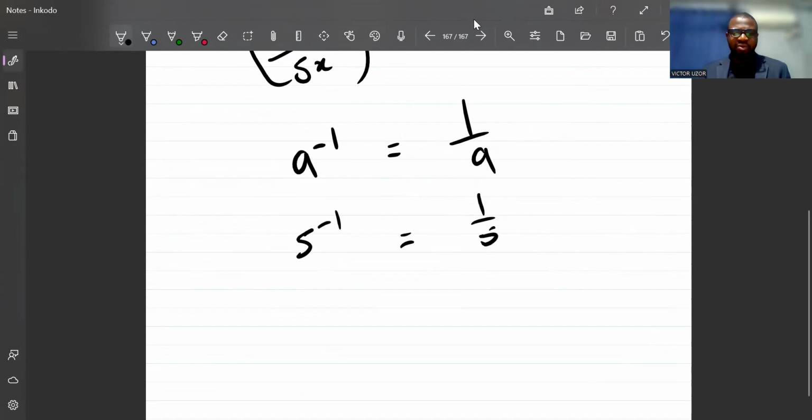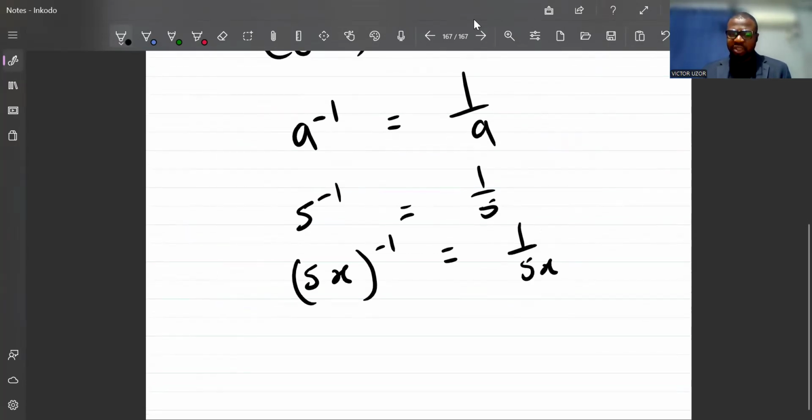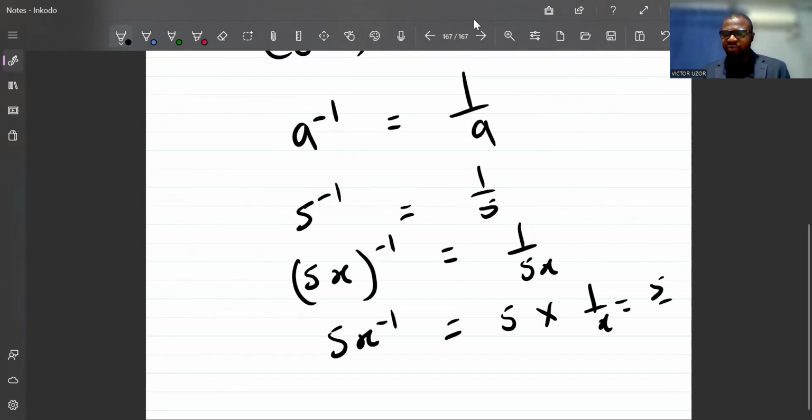When you have 5x raised to power minus 1, this one is 5 times 1 over x, which will give you 5 over x. So you must be careful not to see something negative and do otherwise.